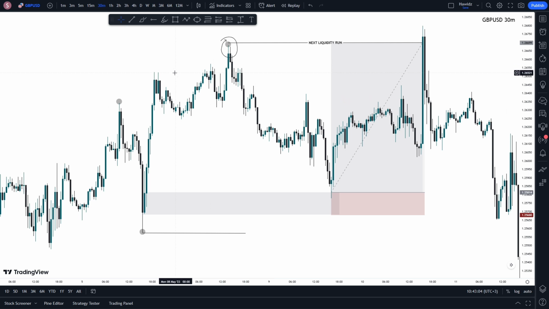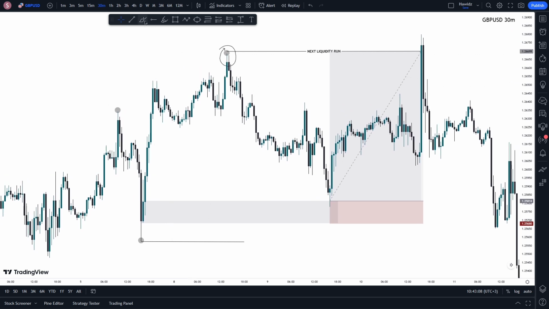A series of events is followed by a series of knowledge. First we needed to identify how the market structure was going, which we identified as bullish structure. From bullish structure, we then needed to apply the concept of supply and demand, which gave us this area to trade from.